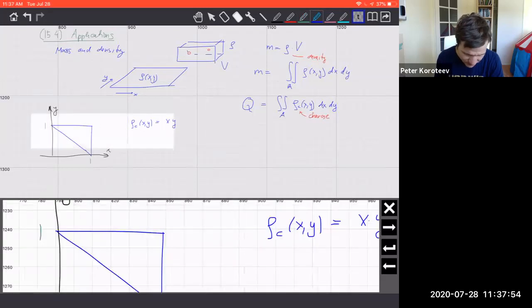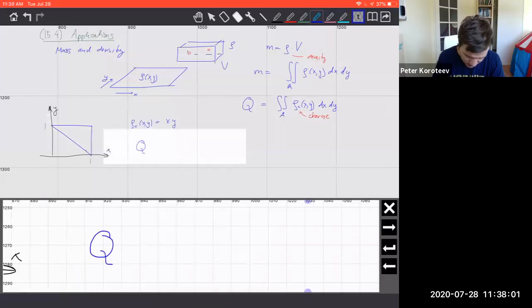So the density is higher when the product of x and y is bigger. Let's find the total charge of this plate.